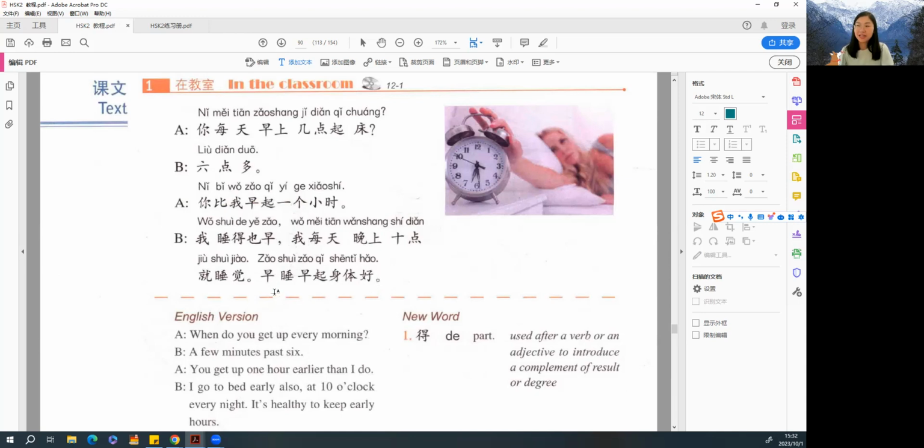So 早睡早起身体好。You sleep early. 早 is early. Of course, 早上 is morning. So if you use 早 as an adjective, it means early.